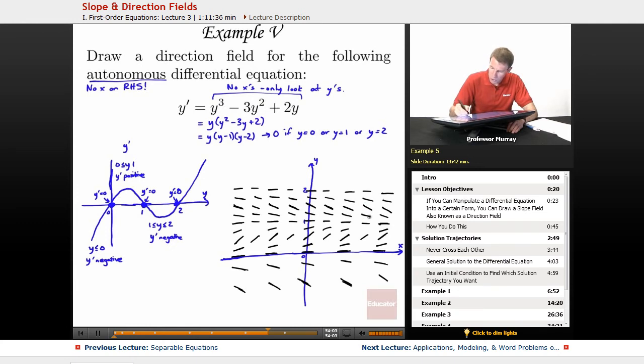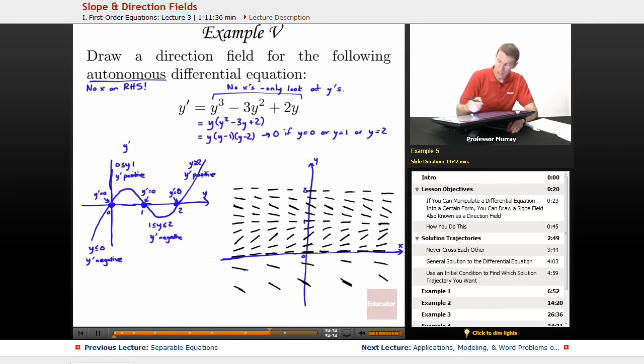I'm going to show you a computer-generated picture of the same thing on the next page, but I think it's useful to draw one or two of these by hand in your life. And now, if I look at y greater than 2, y bigger than 2, I see that my y prime is positive again because this curve is above the horizontal axis. So it's positive.